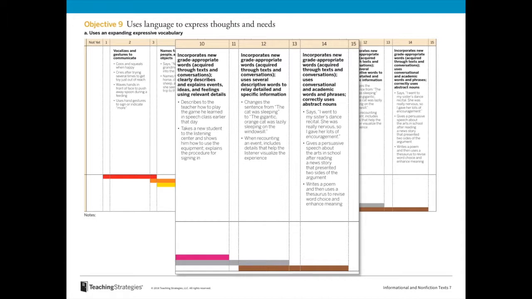Then as they get into first, second, and third grade, by the time they're in third grade, in the brown color band for 14, it says incorporates new grade-appropriate words, uses conversational and academic words and phrases, and correctly uses abstract nouns. So the language gets very sophisticated, from just vocalizing and gesturing all the way up to the third grade skills. But they can't do well in third grade skills if they haven't had that basic foundational acquisition in the early years, which is why we're here.